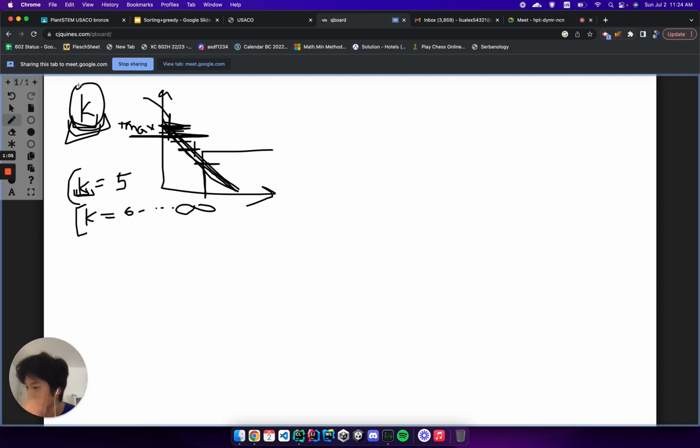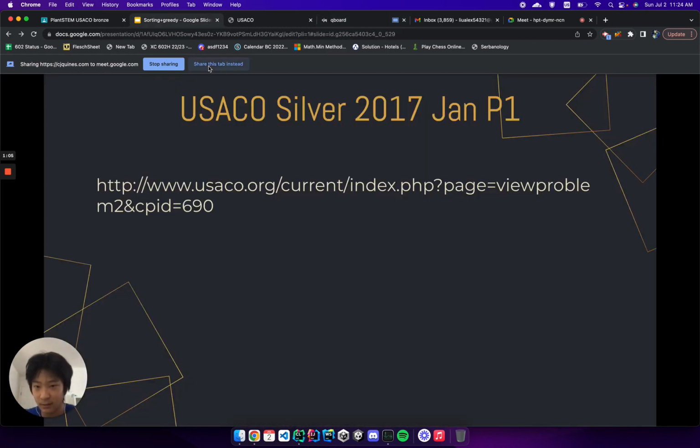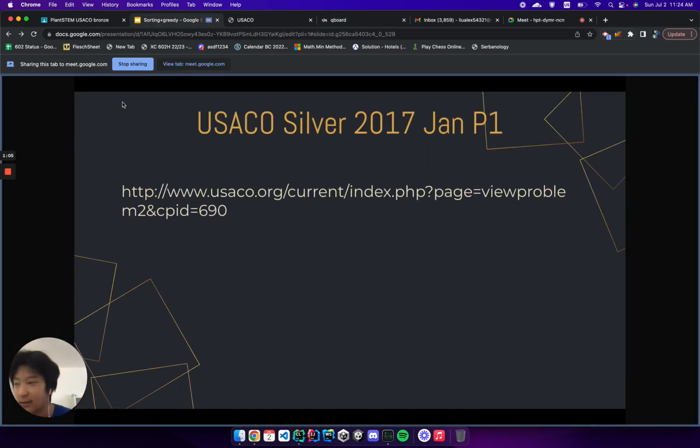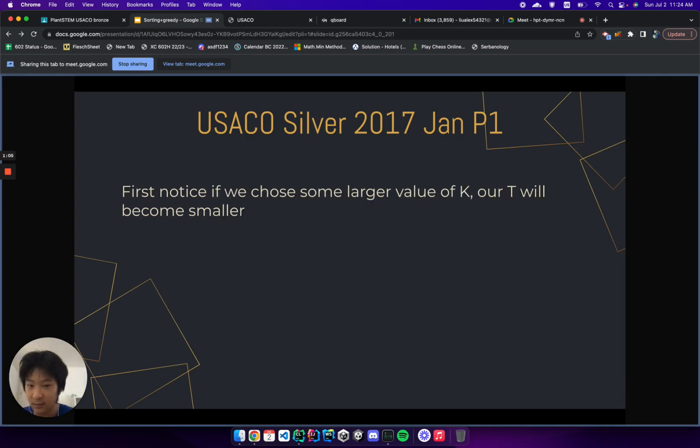First I'll go over the slides, a summary of what we just did. If a larger value of k works, then our t will become smaller as k gets larger. So if k works, then a larger value of k will also work.